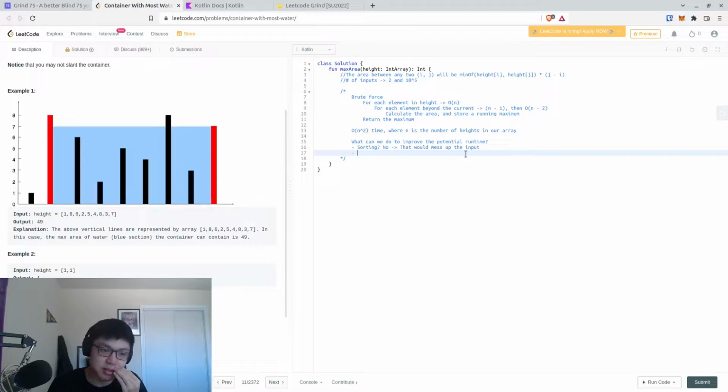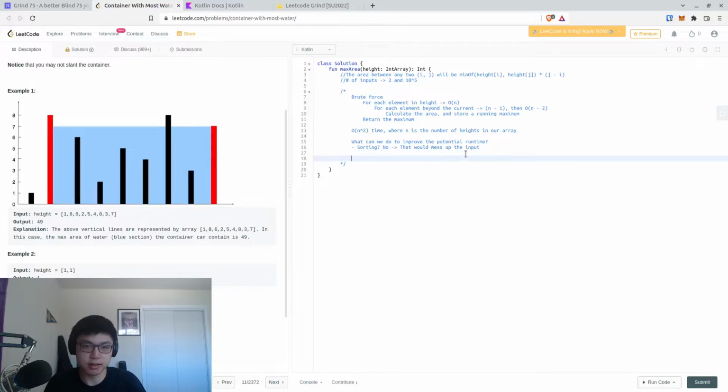What else could we potentially do? Well, the problem, I guess, is that there's no ordering in the inherent height set that would allow us to greedily take a swing at the problem.